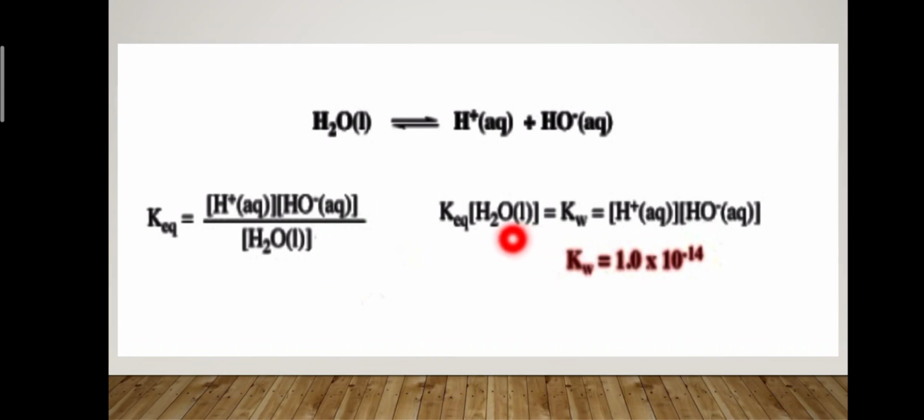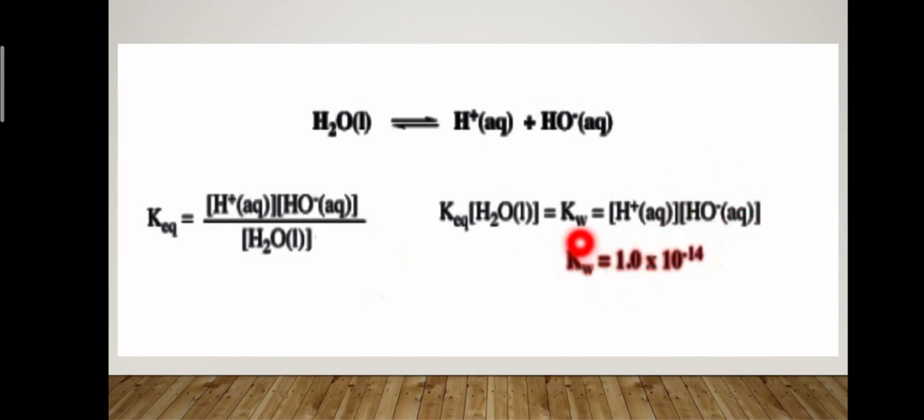We also stand it for Kw, and Kw is equal to the molar concentration of H positive and molar concentration of OH negative. Kw is the product of molar concentration of H positive and molar concentration of OH negative.